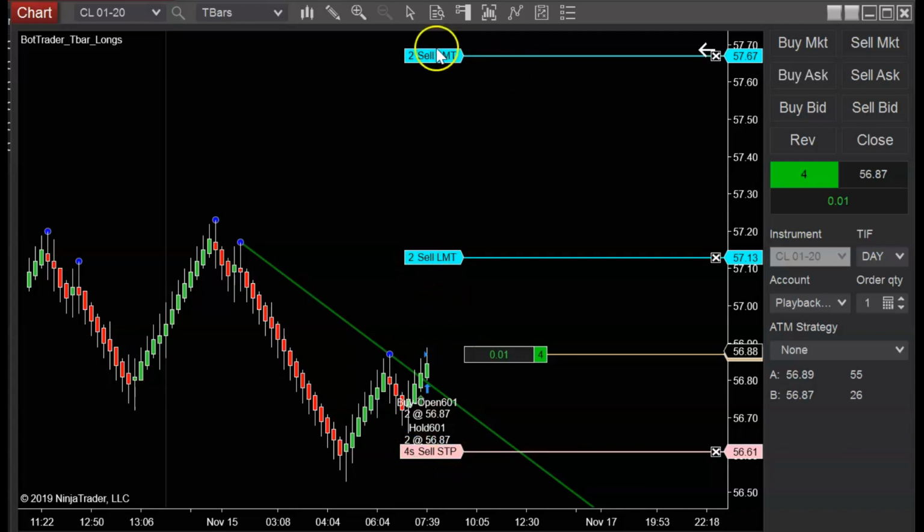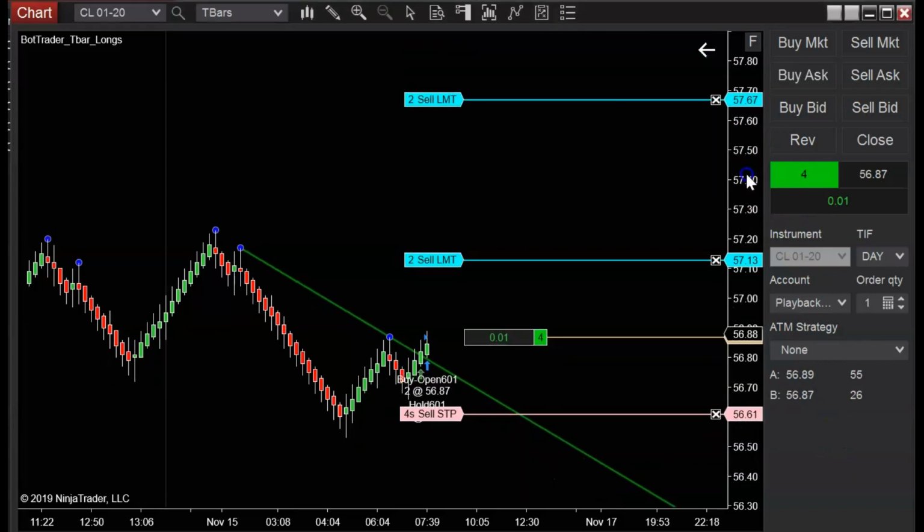So 2 plus 2, yes, that equals 4. Now let's check the math. What did we say our profit target was going to be on that second target? We said 80 ticks. If we take our entry, you can see the entry was at 56.88. Here's the second target, 57.67. That's 79 ticks, which is close enough to 80 ticks.